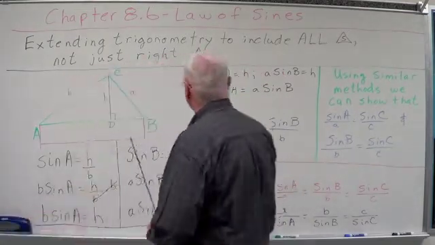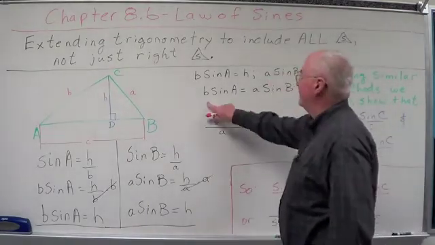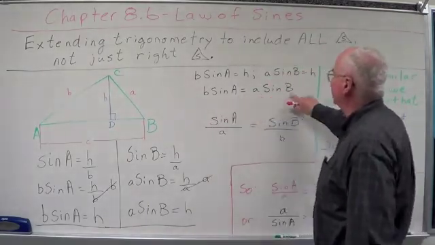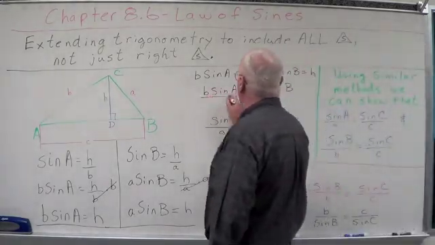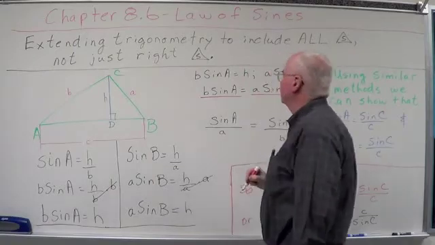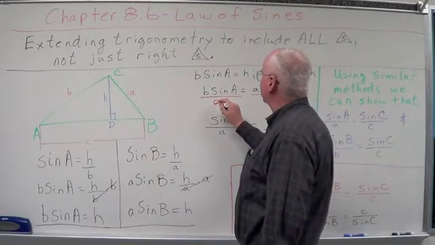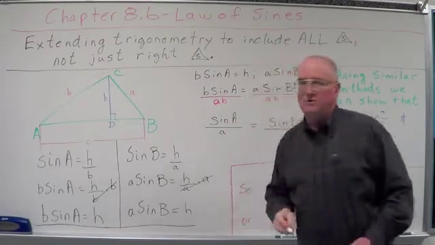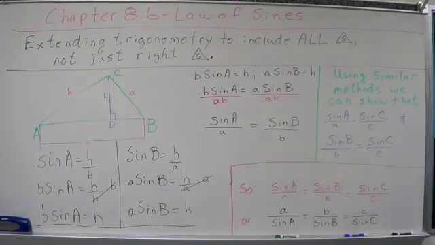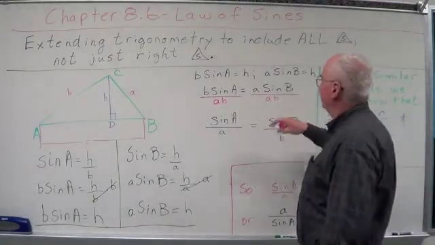When we set those equal to each other, we have B sine of A equals A sine of B. Now, let's divide both sides by AB. We can do anything to an equation as long as we do it to both sides. All we're doing is playing magic games with algebra, with equations. We did it with both sides.